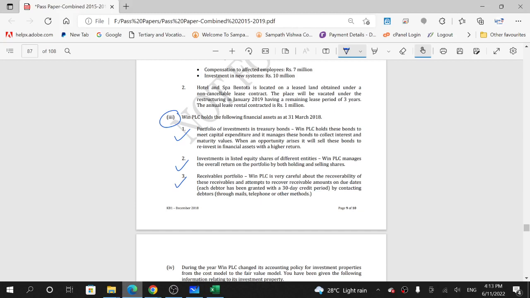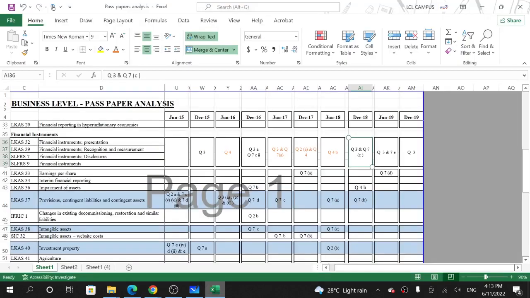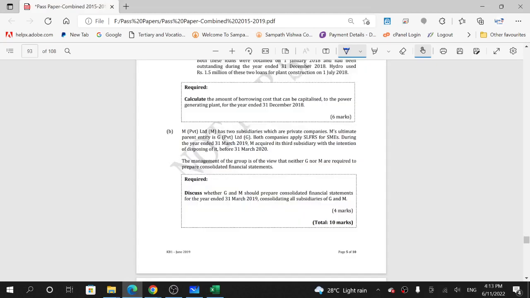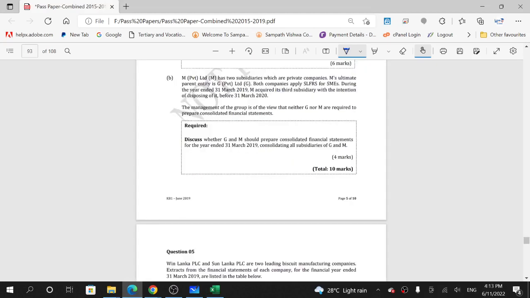Therefore, should classify as amortized cost. So we did the December 2018 question. Now June 2019, question number 3.